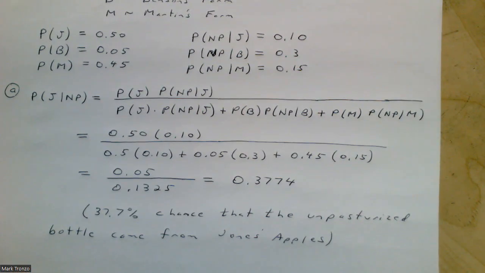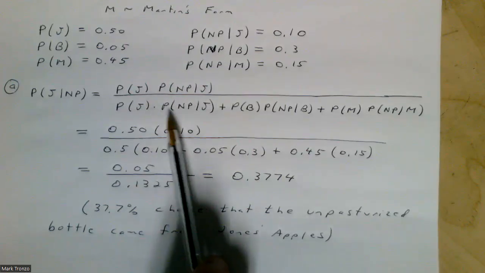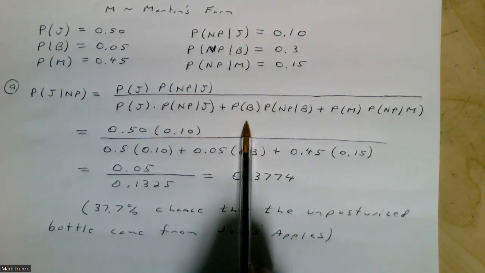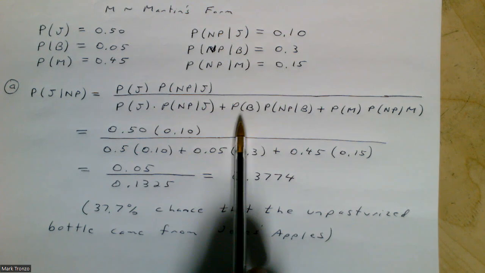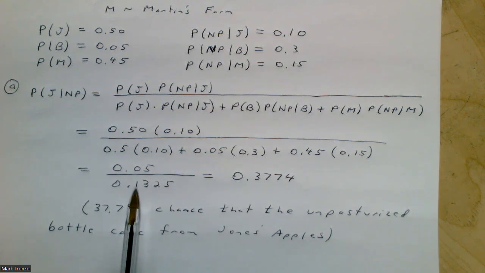Now for part B, it wants to know what the probability that it came from Benson's. And that's actually the most critical one. But now keep in mind, when we do all of the other ones, the denominator is going to be the same. So we can just use the same denominator. We've found that the denominator is 0.1325. We can just use that.